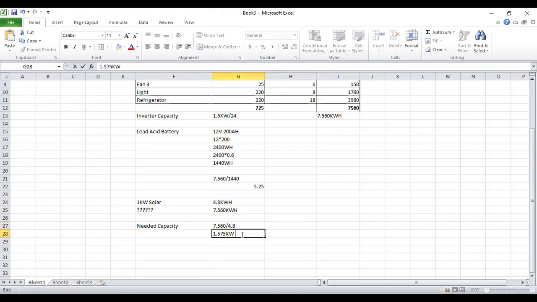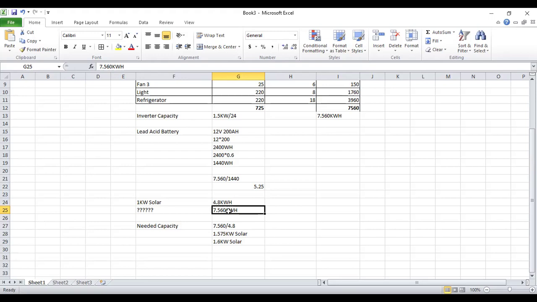So we can approximate it to the nearest one decimal place, which is 1.6 kilowatts of solar. So you see, we've gotten the solar capacity needed to generate this in Maiduguri. So that is it.